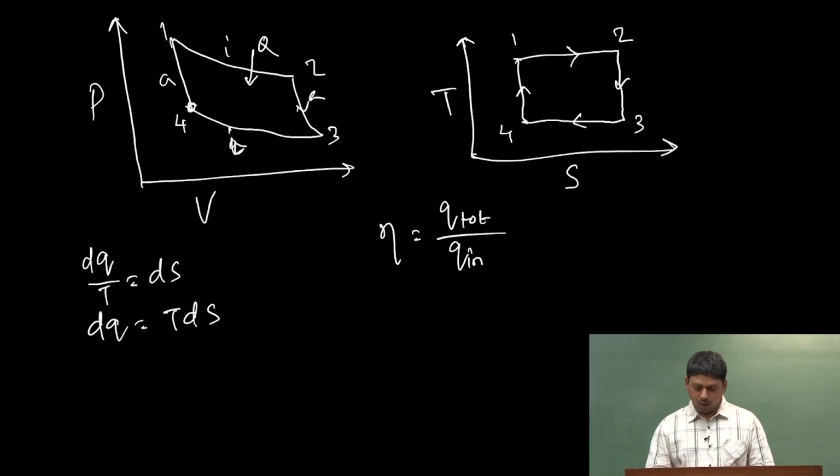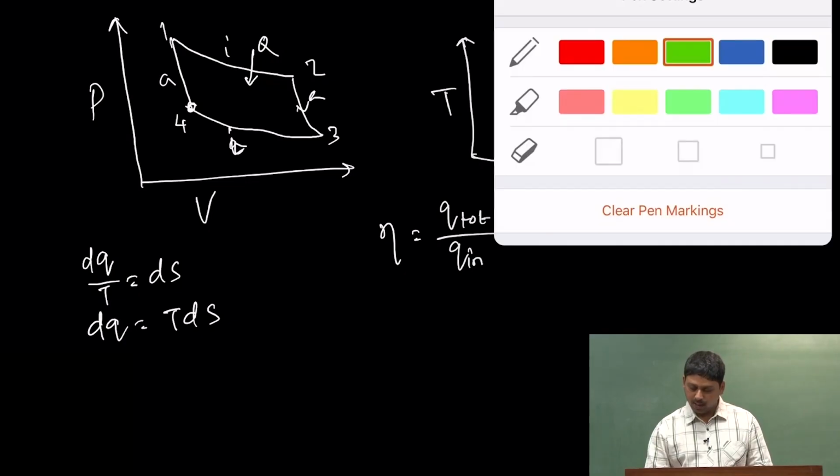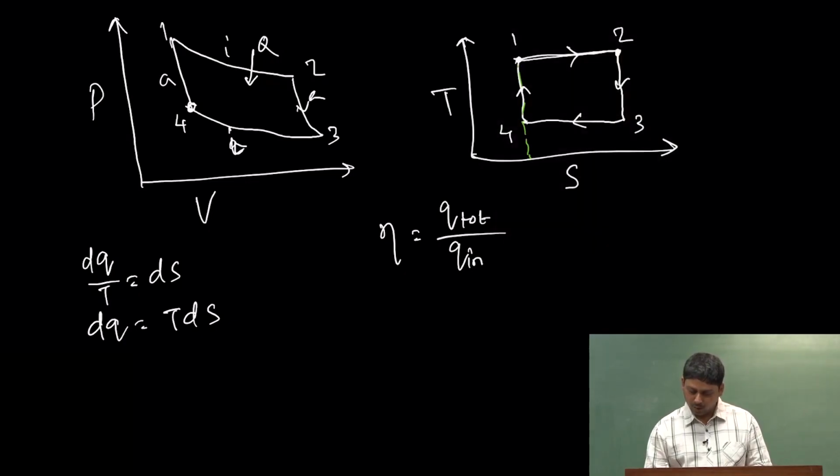Therefore, when we calculate the entropy for the heat input coming between steps 1 and 2, the heat coming in should be the area under the curve 1 2. Let me draw that and show you. The whole green region is the area corresponding to the heat input. And how do we get that? We can get that from the expression.